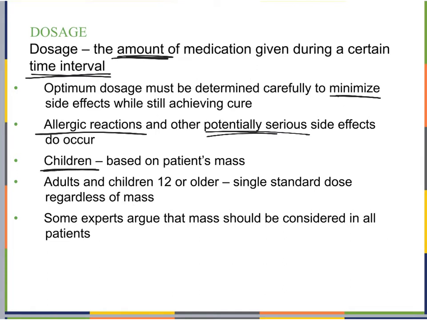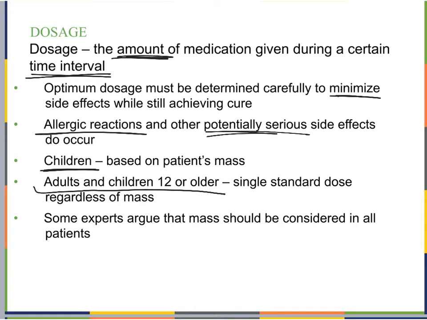For children, what's taken into consideration most is the patient's mass. So depending on the weight of the child is how the dosage is given. For adults and children 12 and older, there's typically just a single standard dose, regardless of the mass. And you can see this even in over-the-counter medications.